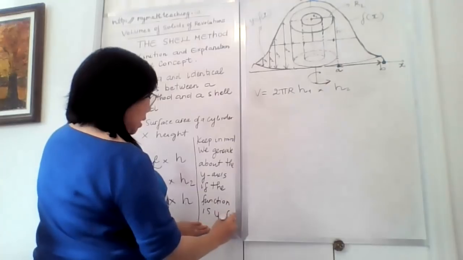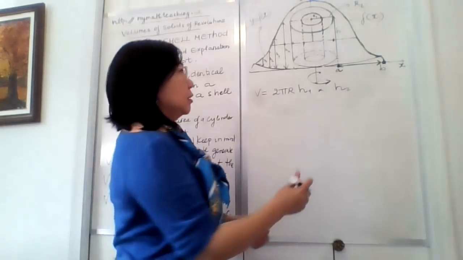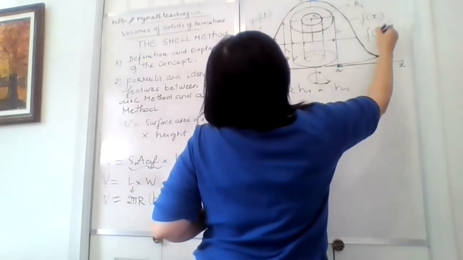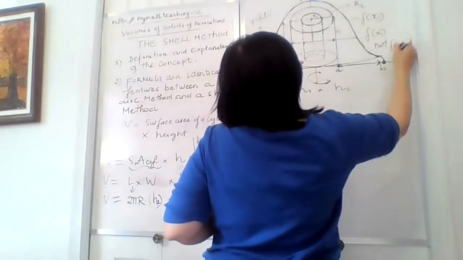So if the function is y equals f of x, not x equals f of y, right? So our function is f of x, not f of y.